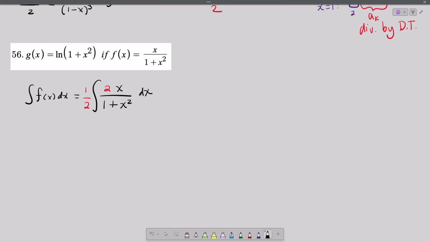That is great news, because we know how to integrate. That's going to be the natural log of the absolute value of the denominator. Well, we don't need absolute value bars because that's always positive. That's log form, natural log of the absolute value of the denominator, plus some constant.